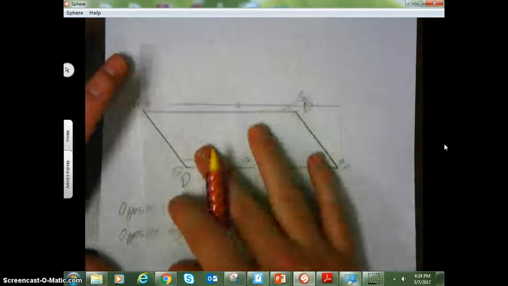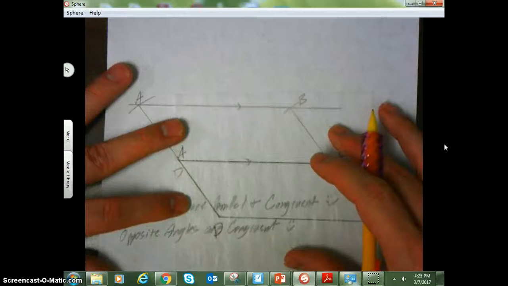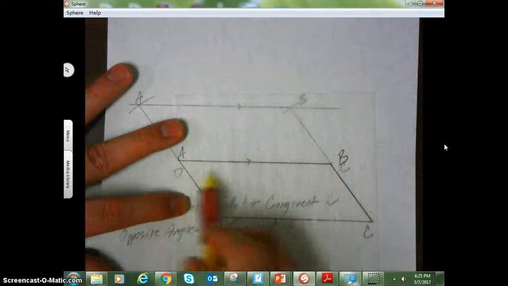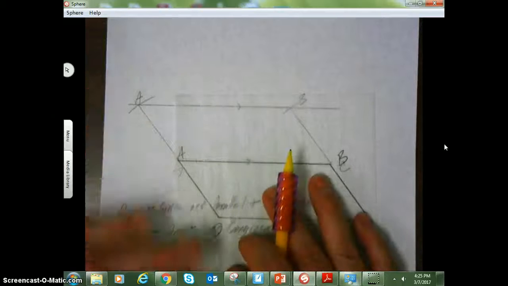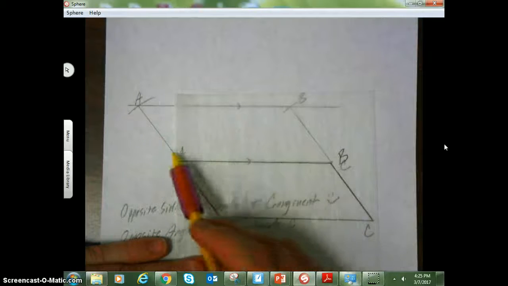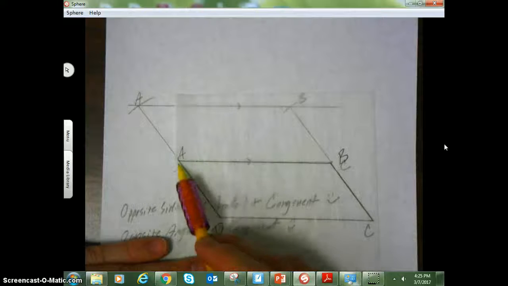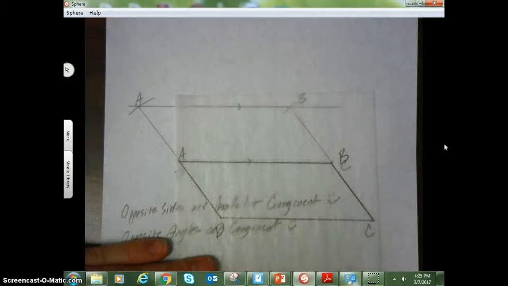So the same side interior angles should be supplementary. If I take angle A and put it down here at B so that AB is sitting on top of DC, and compare the two angles, here's angle D and here's angle A, those two angles are a linear pair, they form a straight line.